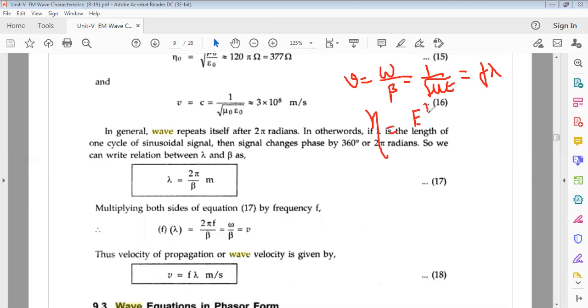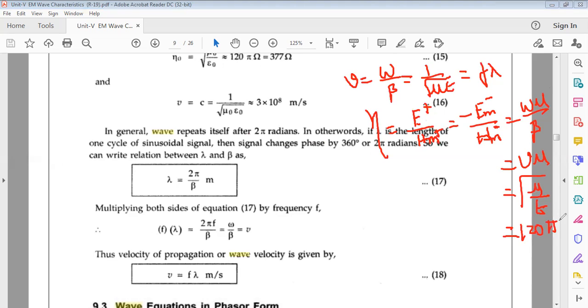That eta is the ratio between EM plus by HM plus, which is equal to minus EM minus by HM minus. The value is omega mu by beta, meaning V into mu, or otherwise under root of mu by epsilon, or otherwise a value of 120 pi ohms, or approximately 377 ohms.